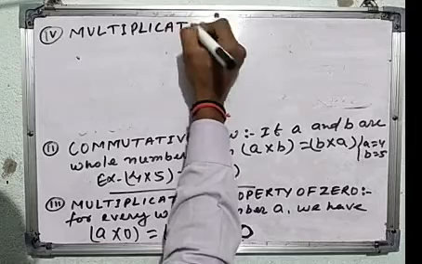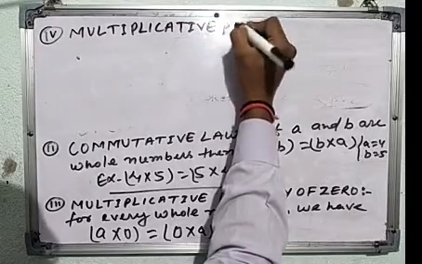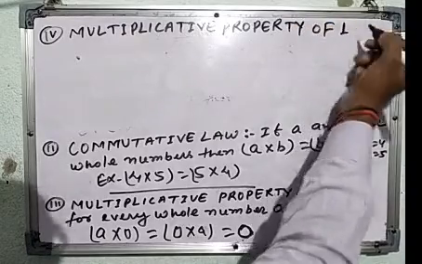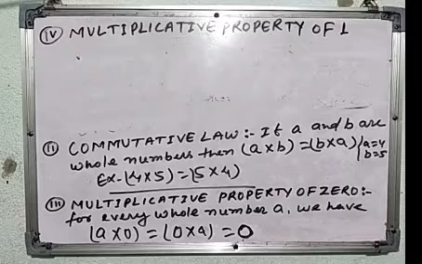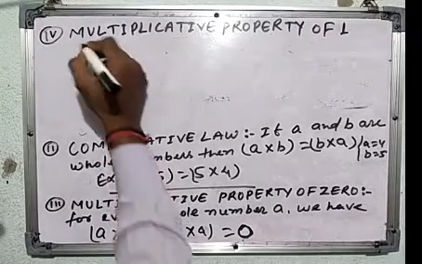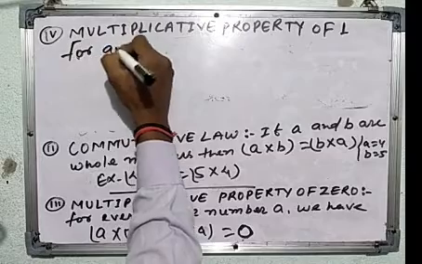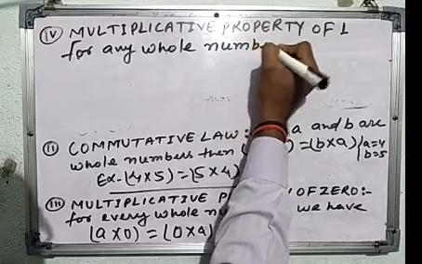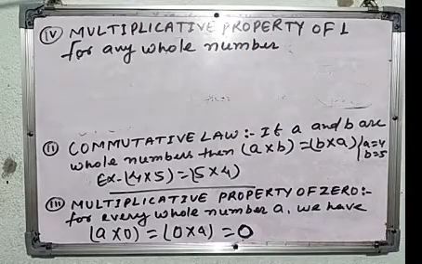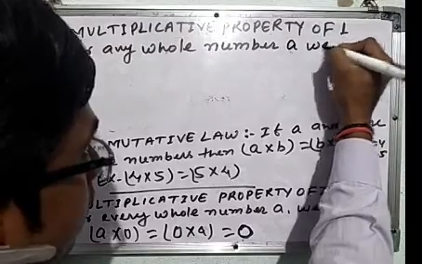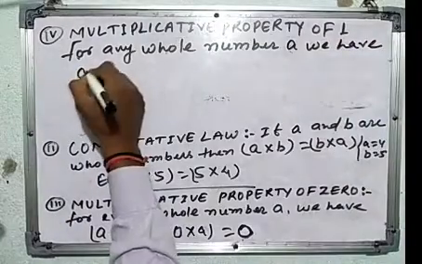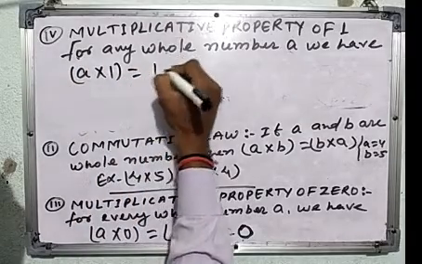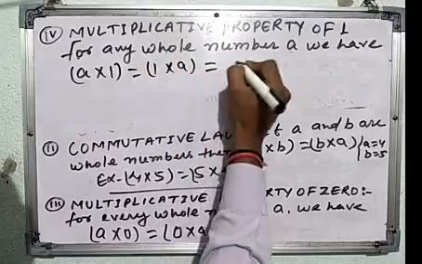For any whole number A, we have A into 1 equal to 1 into A equal to A.